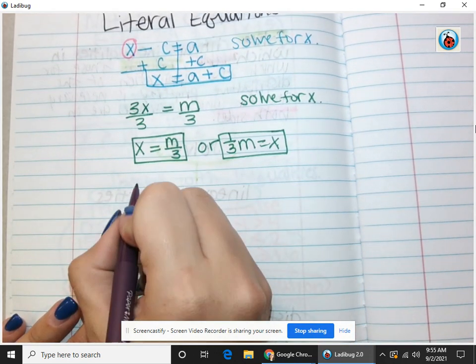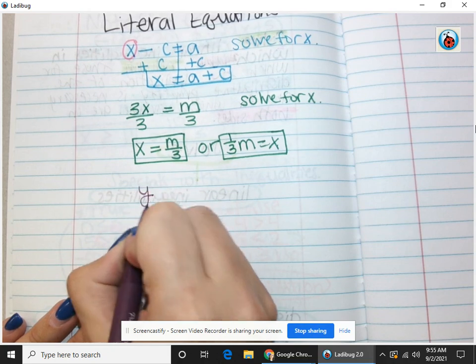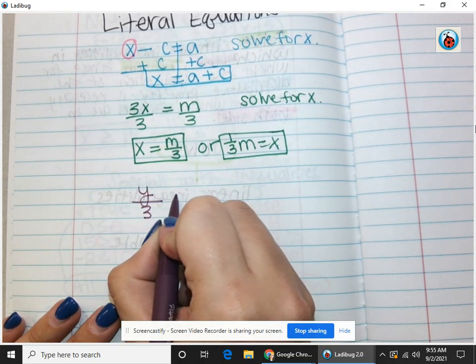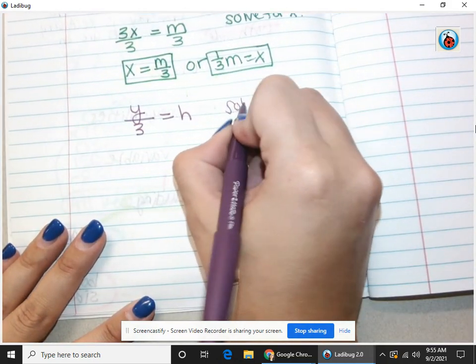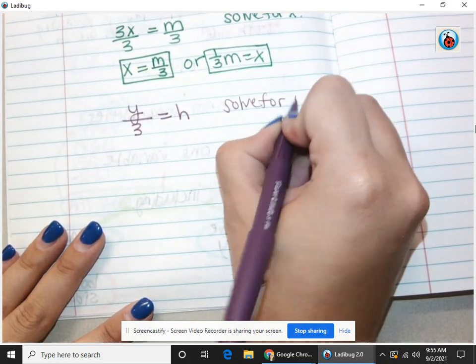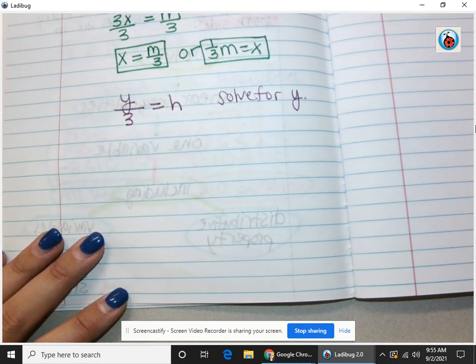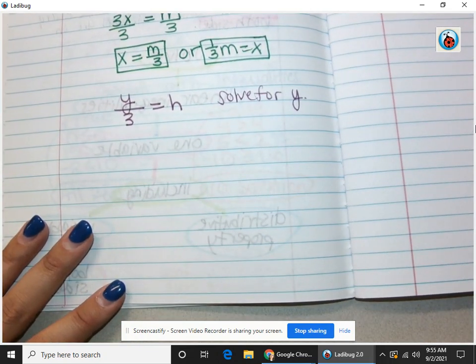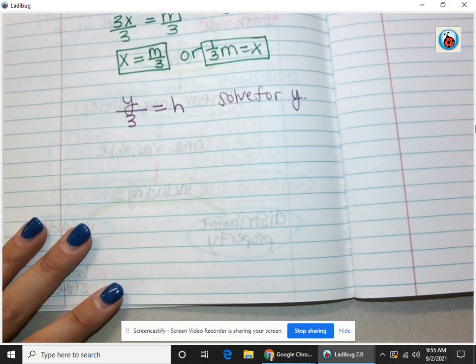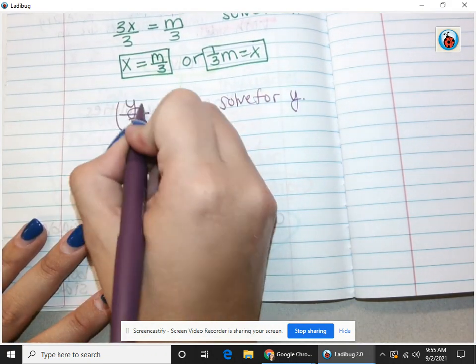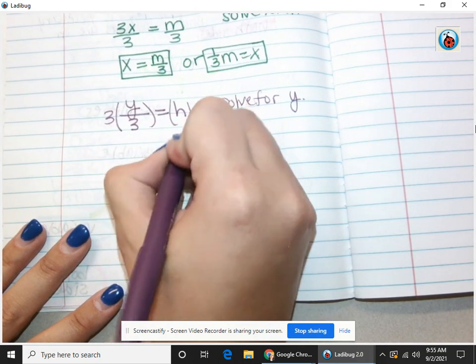Okay, so let's look at another one. I've got y divided by 3 equals h, and we're going to solve for y. So how would I do that? Multiply by 3 on both sides.